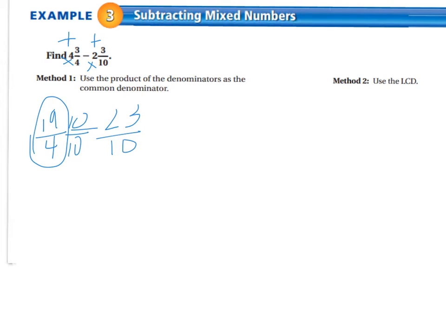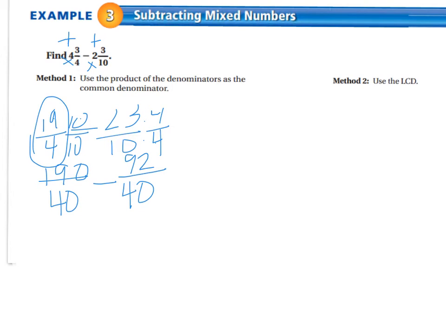And the 23 tenths I'm going to multiply by 4 over 4, the other denominator, which is really the same as 1 again. So 4 times 10 is 40. 19 times 10 is 190. 10 times 4 is 40 again. That's our common denominator. And 23 times 4 is 92.